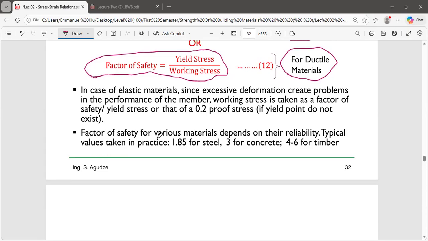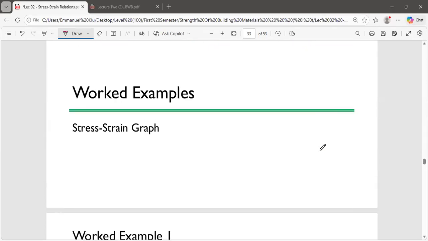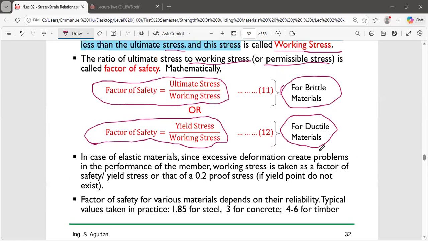Take note that the factor of safety for various materials depends on their reliability, or let me say typical values taken in practice: 1.85 for steel, 3 for concrete, or let's say 4 to 6 for timber.